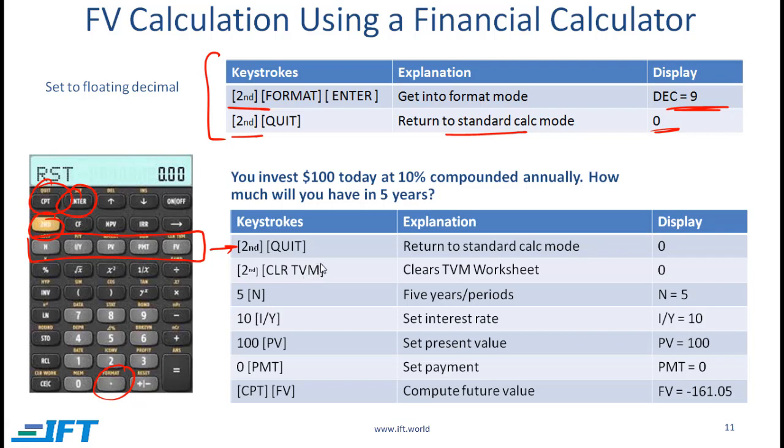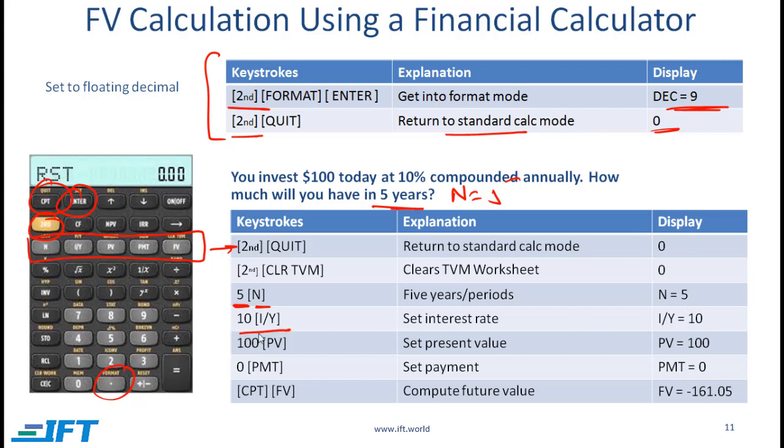This clears the time value of money worksheet. If you don't do this, then the calculator remembers what you did last time. Then you hit 5 N. N stands for the number of periods. In our particular case, we have 5 years, which means that n is equal to 5. 5 N, and the display then will be N equals 5.